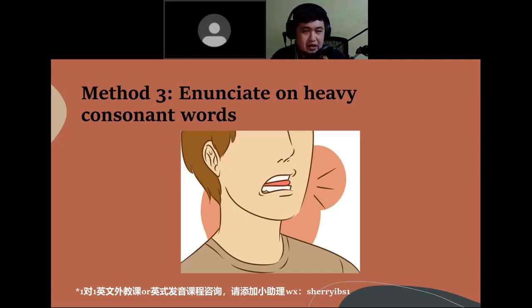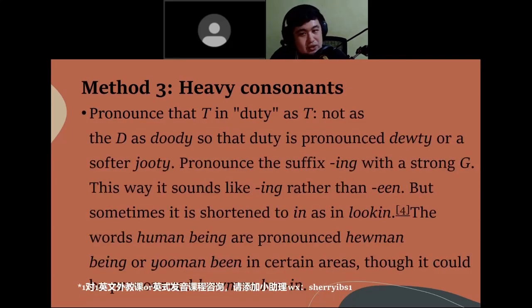Other letters that are not the vowels a, e, i, o, u. British people love to pronounce their T's. It's really important. They have to pronounce it. It's their way. So enunciate on heavy consonant words.